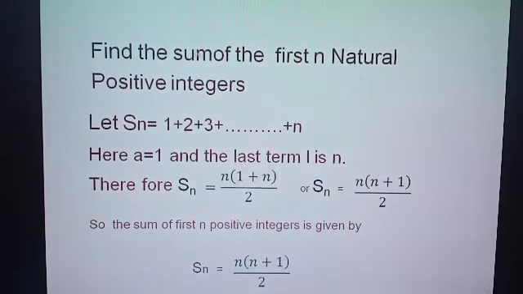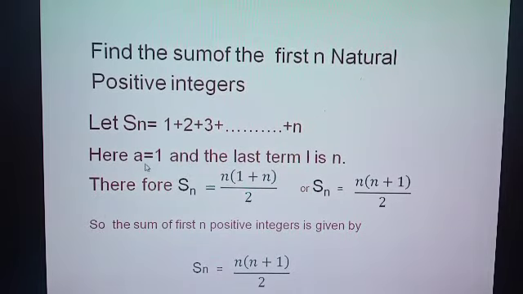So here, find the sum of first n natural positive integers. It is a very important problem. Let Sn be what they said, we have to add the first n natural positive integers. So it will become 1 plus 2 plus 3 and so on till n.